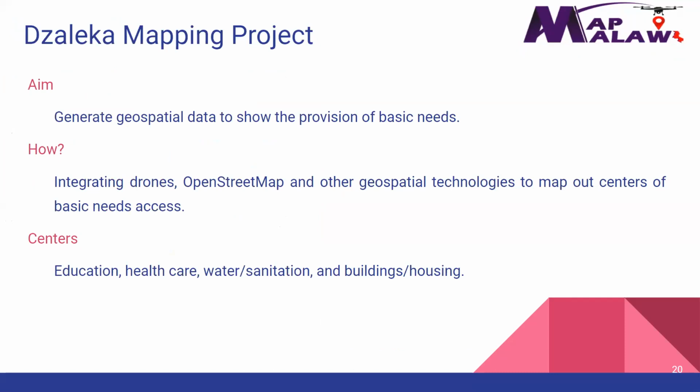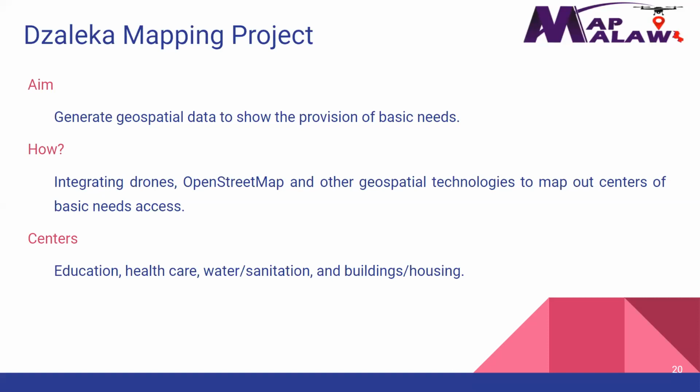So what our project aims to do is to generate geospatial data that will show the provision of basic needs at the refugee camp by integrating drones, OpenStreetMap, and other geospatial technologies. So centers within and around the refugee camp that allow the refugees to access these different needs will be mapped out.